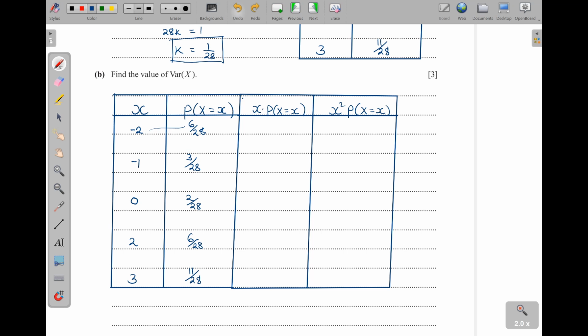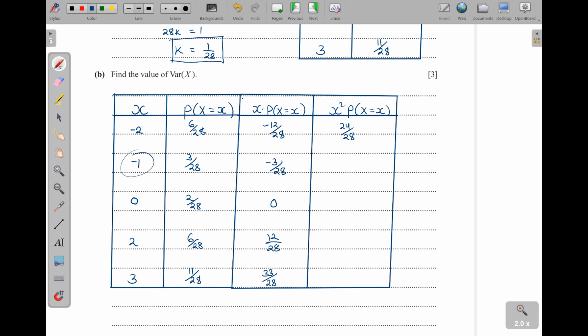So doing that, -2 times 6, we shall get -12 over 28. Then here we shall have -3 over 28. Here we shall have 0, then 12 over 28. And then here we shall have 33 over 28. And then square this one, it will be a 4, then times the probability, that gives us 24 out of 28.